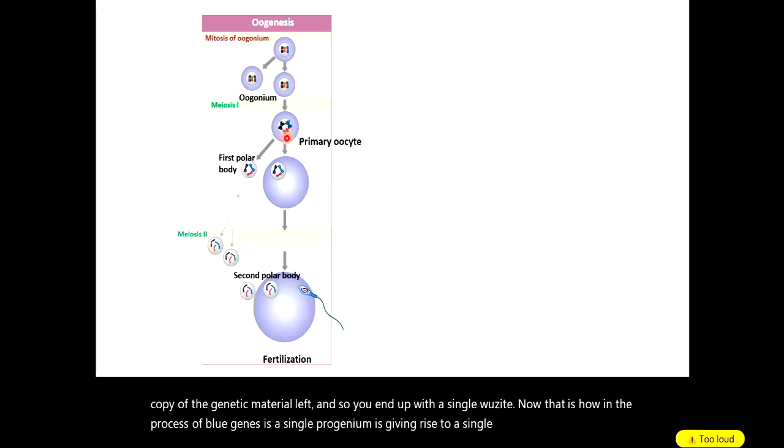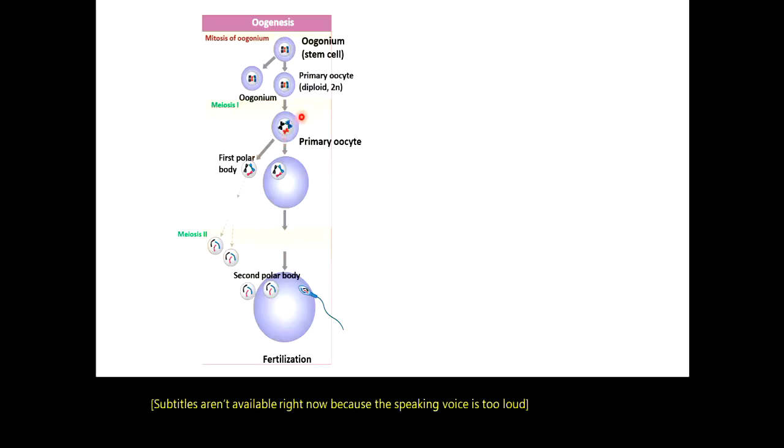Now let's talk about the details involved. So we find that this oogonium is going to undergo mitosis, and it will give rise to a couple of primary oocytes, right? And we see that this mitosis takes place before birth.